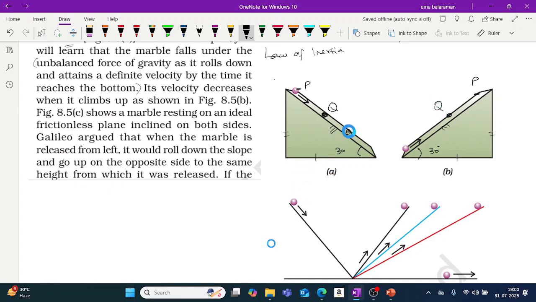If he started the marble at R, it came all the way down and climbed till here. That means it reached the same height. That is his famous experiment using inclined planes. So velocity decreases when it climbs up, velocity increases when it is coming down.